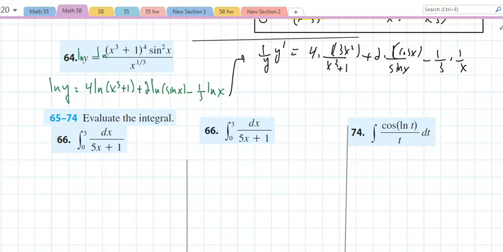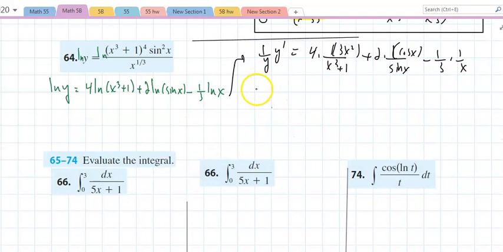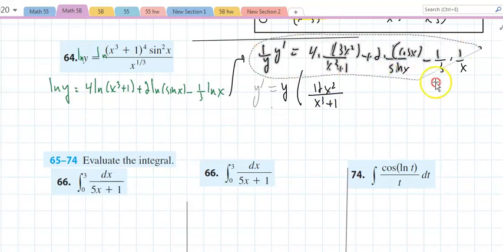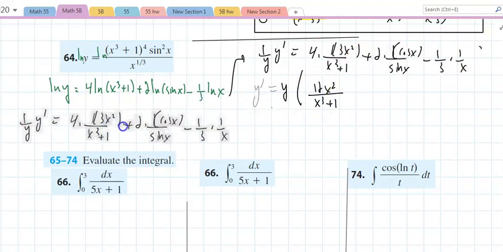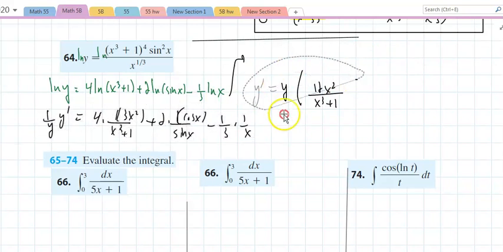And I could say with ease that y prime is going to equal y times 12x squared over (x cubed plus 1). You know what, it would fit perfect and look a lot nicer if I was to do it this way.